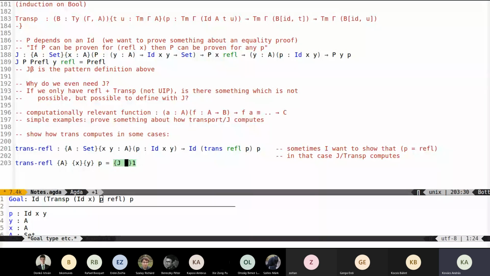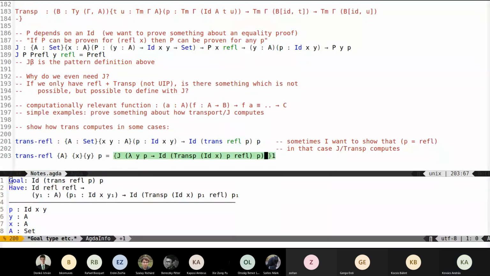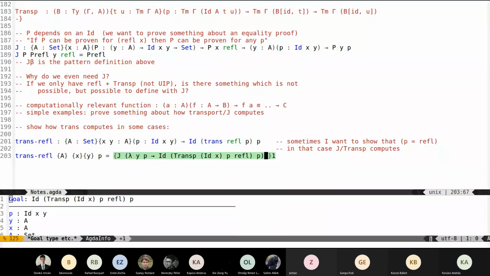So I say J, and then I have a lambda Y P. So I'm just writing a dependent type here, and the dependent type depends on Y, but Y does not explicitly appear here, but it also depends on P, and P does appear here, right?